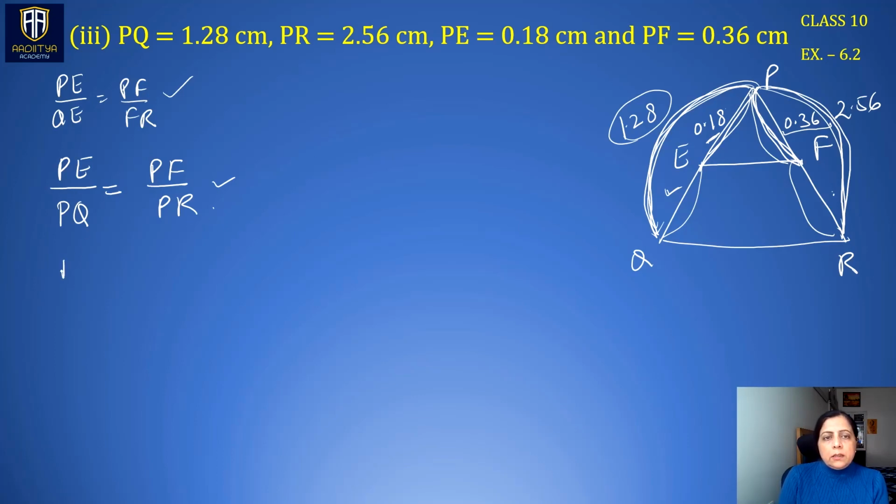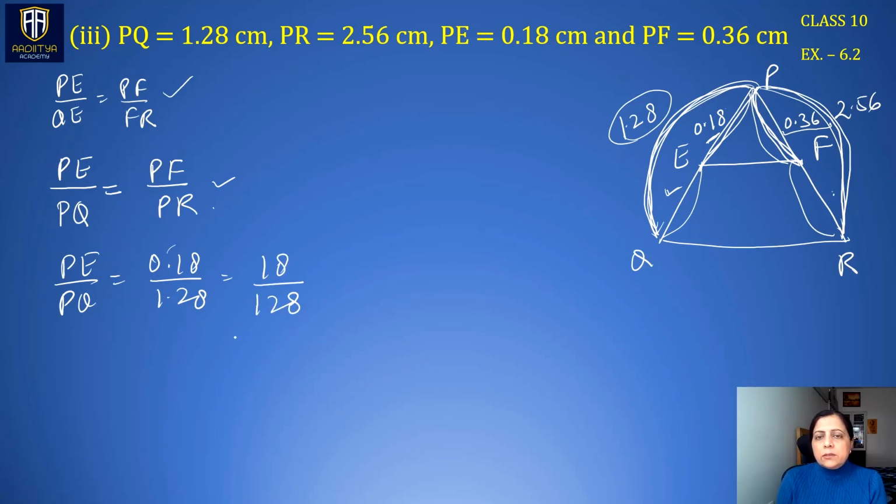I am finding the ratio of PE upon PQ, which is 0.18 divided by 1.28. So multiplying both numerator and denominator by 100, I have 18 over 128. So how can I divide this? 2 times 9, 2 times 64, right? This is 9 upon 64.